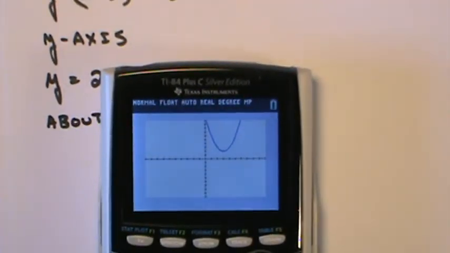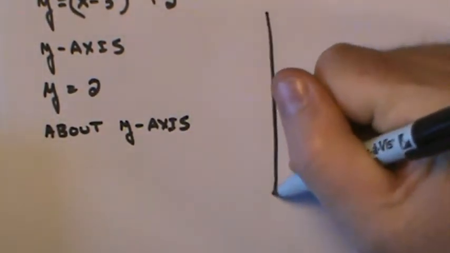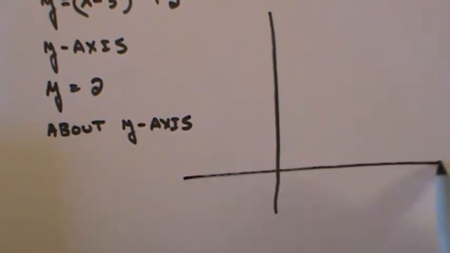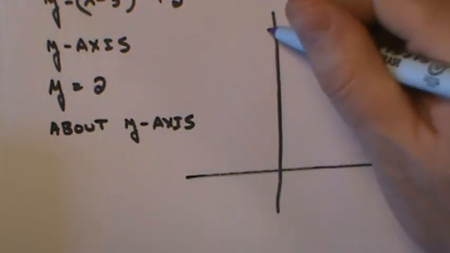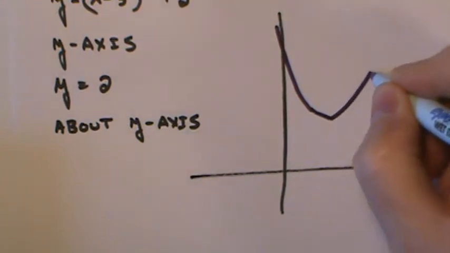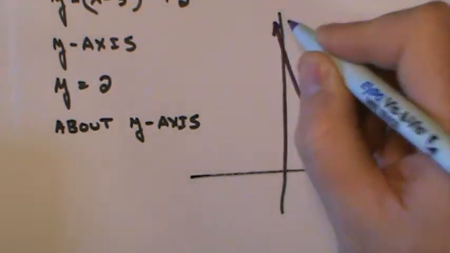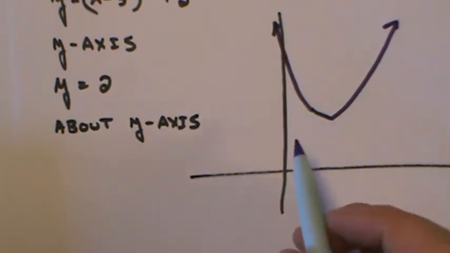I want to see what that graph looks like. I see this here. I'm going to quickly draw a crude rendering of this. As I draw it, I have this parabola that's in the first quadrant. And I know that I am given a boundary of y equals 2.